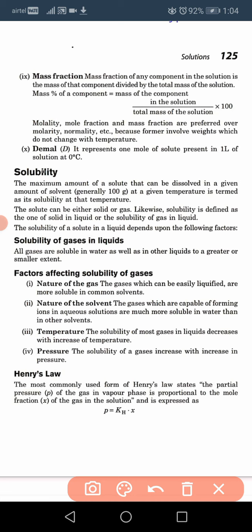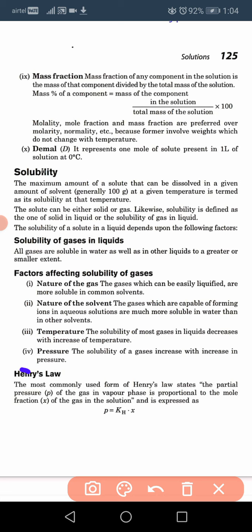The greater the intermolecular force of attraction, the greater the solubility will be. Second is the nature of the solvent. If the solvent is polar and the solute is also polar, then the solubility will be more, which we'll discuss later as well.